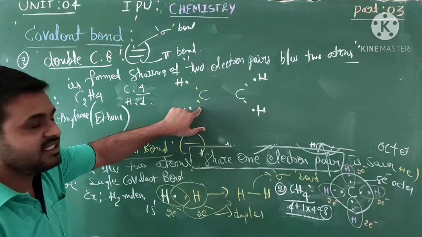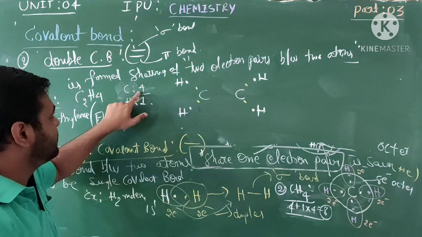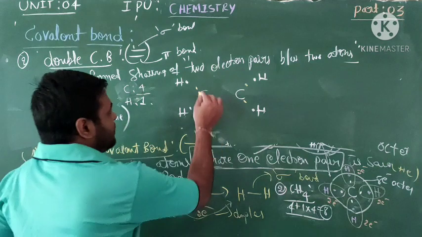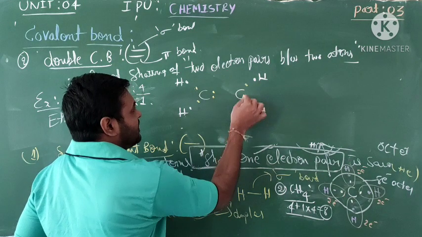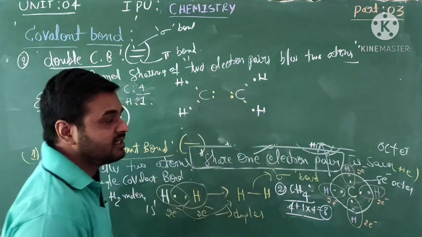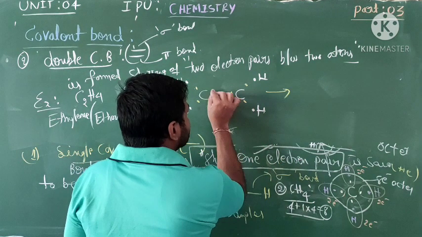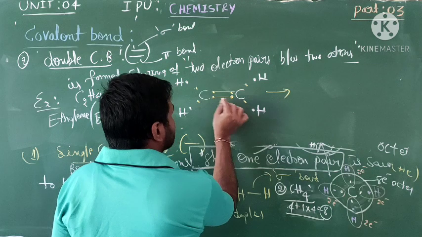So what is carbon's capacity? Each carbon has 4 valence electrons: 1, 2, 3, 4. 1, 2, 3, 4. Right?